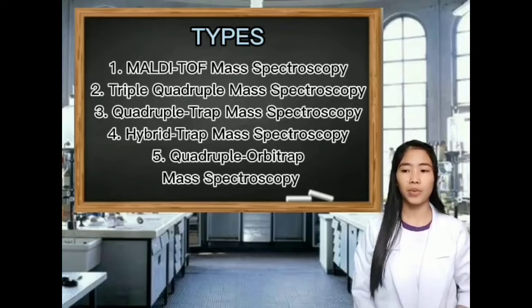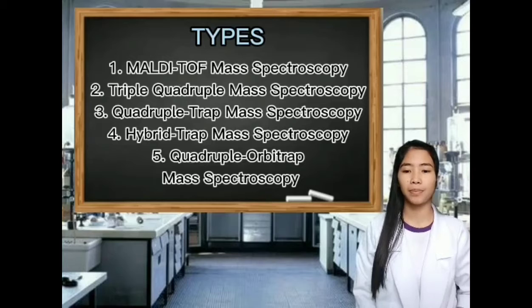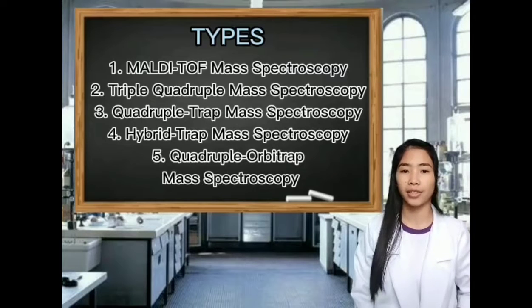The second one is what we call triple-quadrupole mass spectrometry. It is a tandem mass spectrometer in which the first and the third quadrupoles act as mass filters and the second acts as a collision cell, to fragment the selected precursors, or parent ions, and to generate fragment or daughter ions.